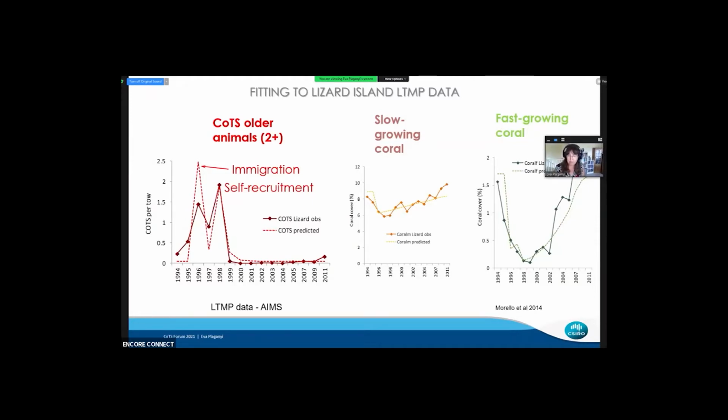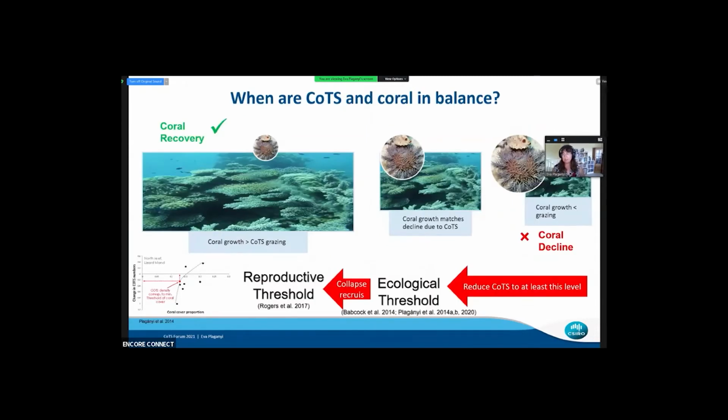So this was the basis for this work that you've heard a little bit about around the ecological thresholds. For example, if you start on the right-hand side of the slide, if we have a lot of COTS relative to coral, the coral is obviously going to decline.